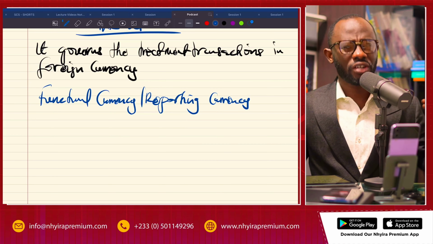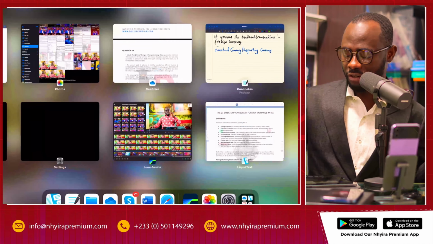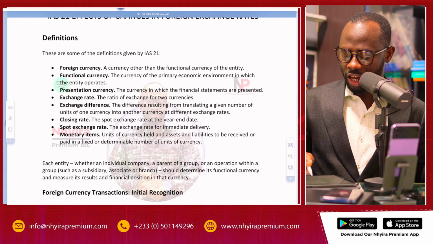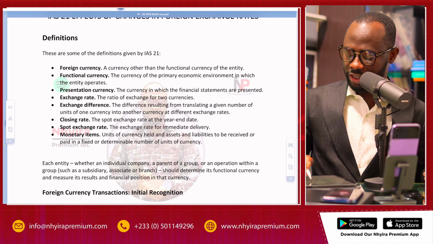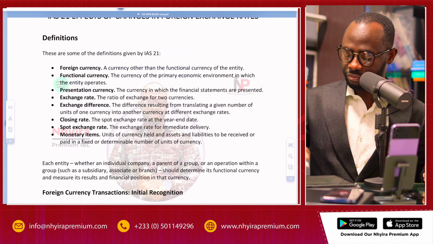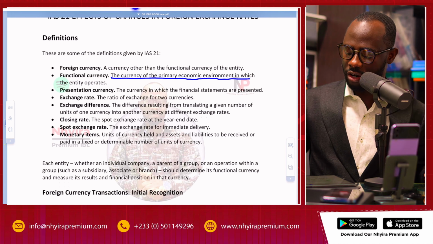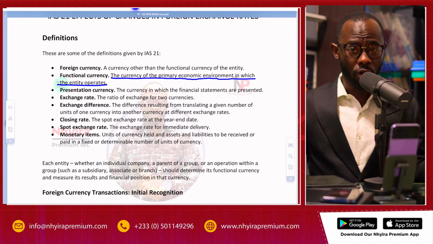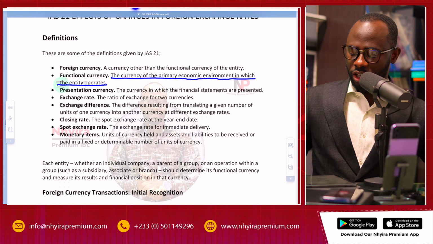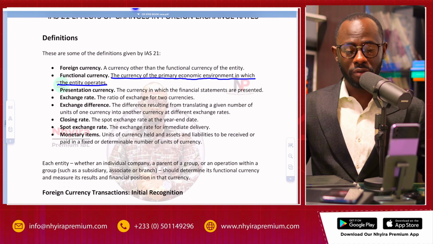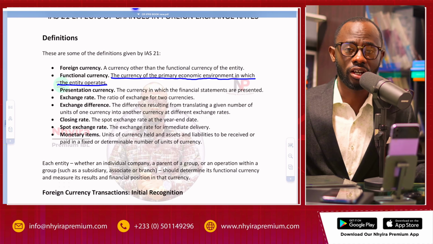So when we say functional currency or reporting currency, what exactly do we mean? The functional currency is simply the currency of the primary economic environment in which the entity operates. That is the functional currency.